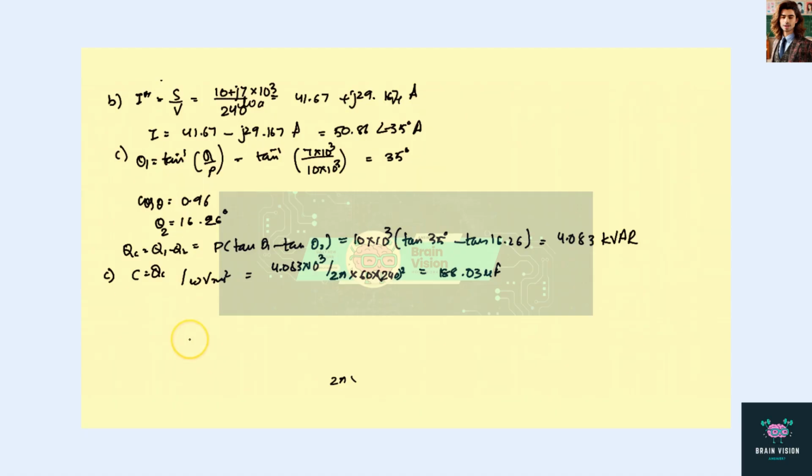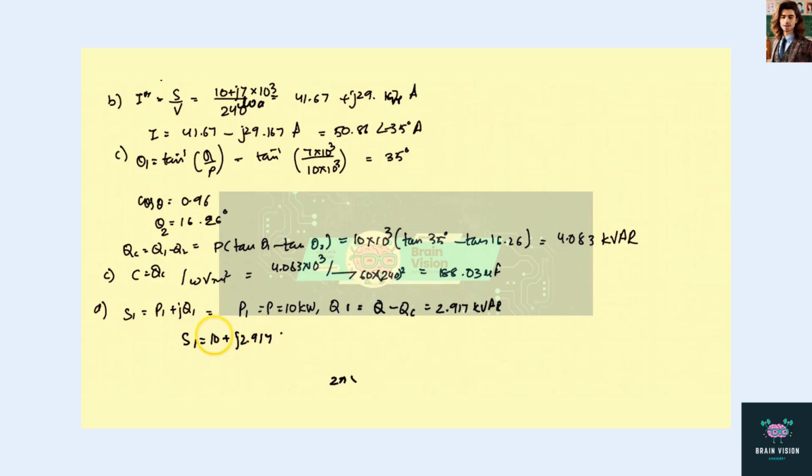The next part is S1 equals P1 plus jQ1. From here, P1 equals 10 kilowatt and Q1 equals Q minus QC. Substituting the values, Q1 comes out to be 2.917 kilo VAR and S1 equals 10 plus j2.917 kVA.